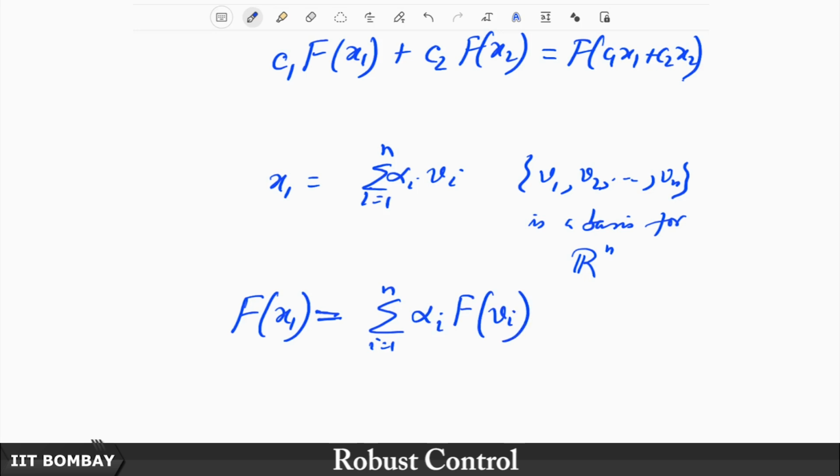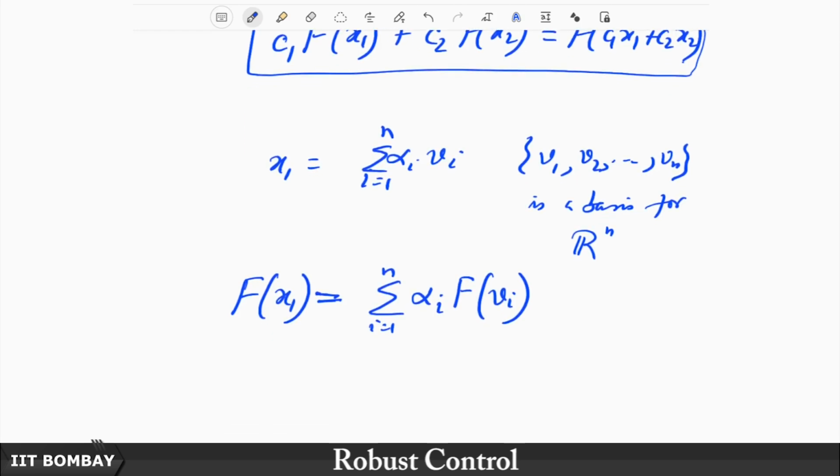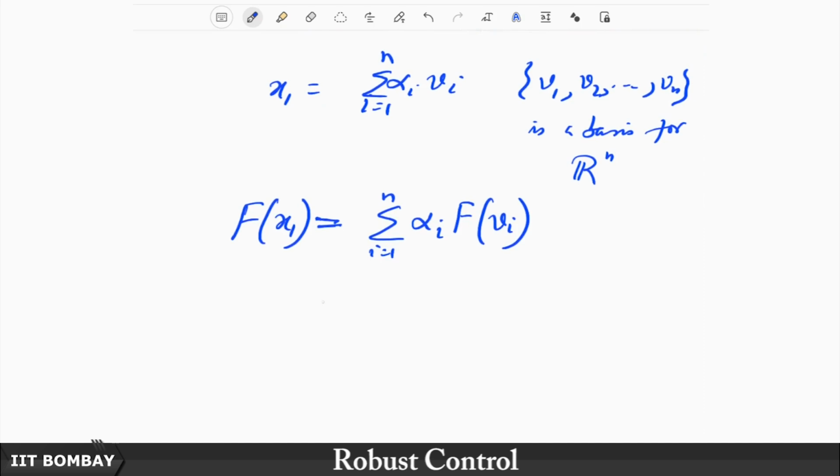That is because of the linearity property that we are now invoking here, repeatedly invoking n times, because x1 is after all this. So when you let f act on both of these, x1 on the left and this whole sum on the right, then you can split up the sum in this fashion.